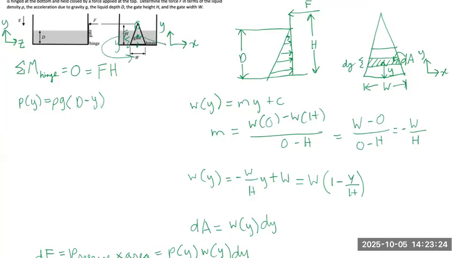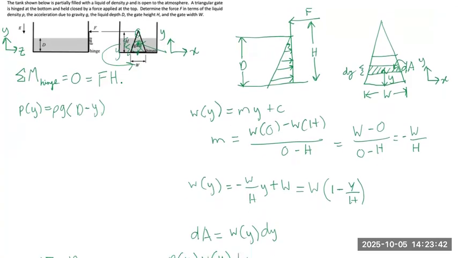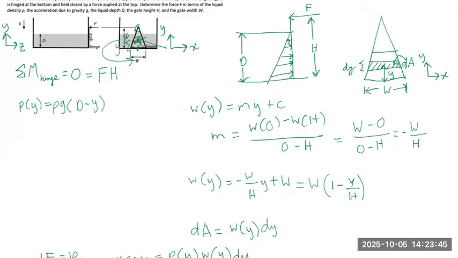If we are looking for the pressure at this point, we will do d minus y, and this point is located at a distance of y from the bottom of the whole tank. So y is the distance of the point from the bottom of the tank, and d minus y is the depth of the water at that point. That is why the hydrostatic pressure is expressed as rho times g times d minus y.